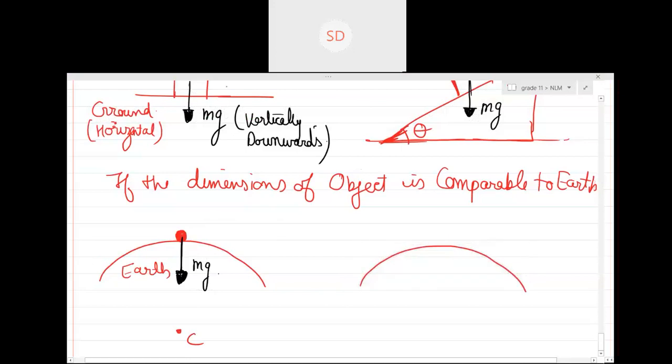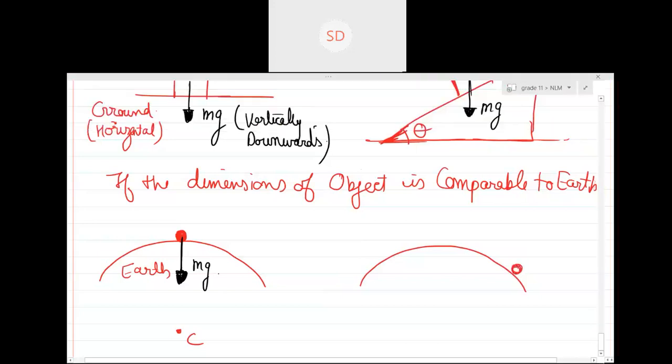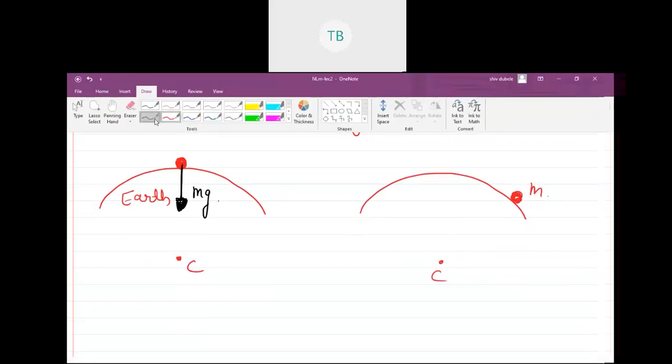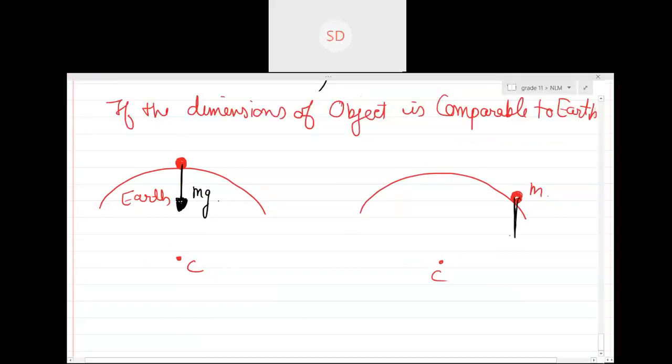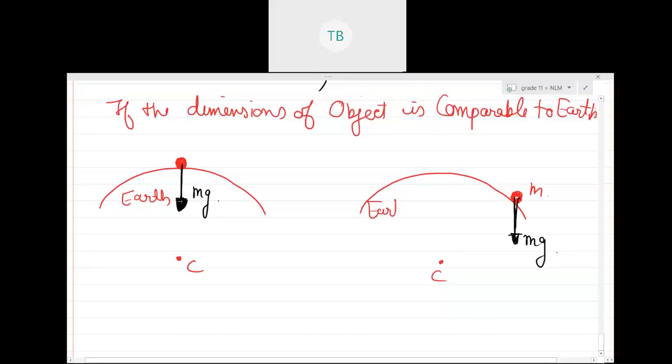Suppose the object is over here. If the object is over here, can anyone tell me what will be the direction of mg now? Will it be like this?